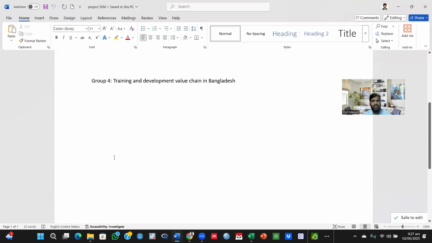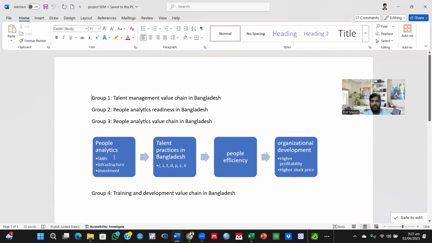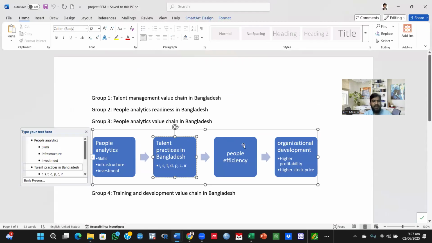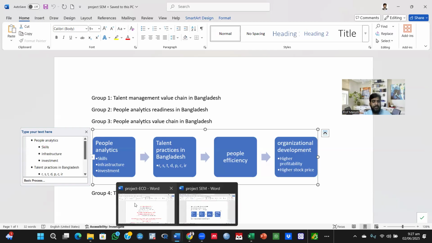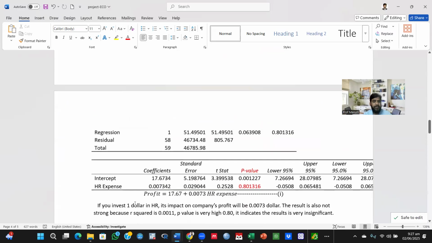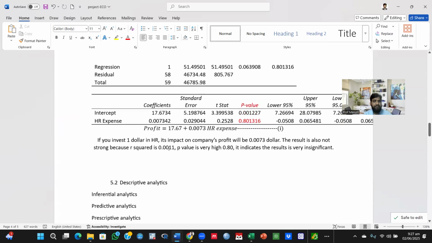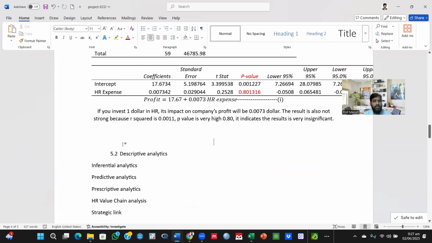This is people analytics. So your option will be talent management in Bangladesh, its impact on company's profitability and organizational performance. So in your case, the model will be like this. You are going to explain this model.